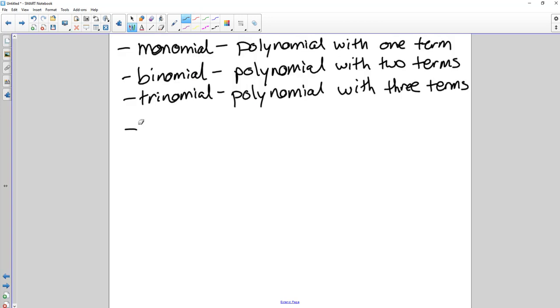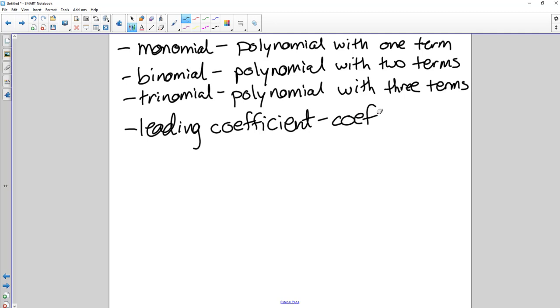One more definition, the leading coefficient. The leading coefficient is the coefficient of the term with the highest degree.